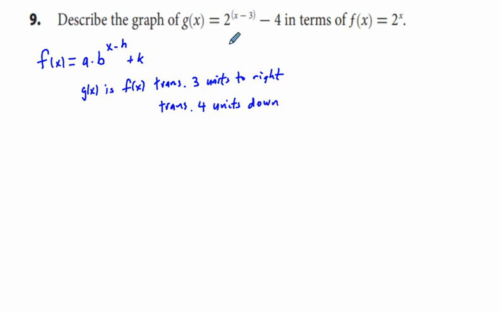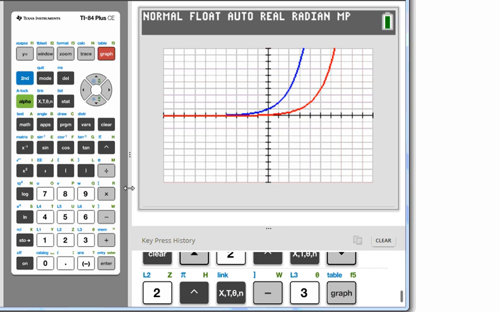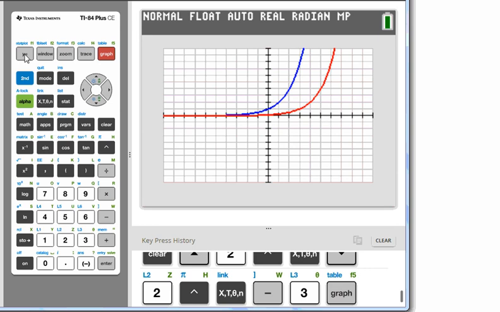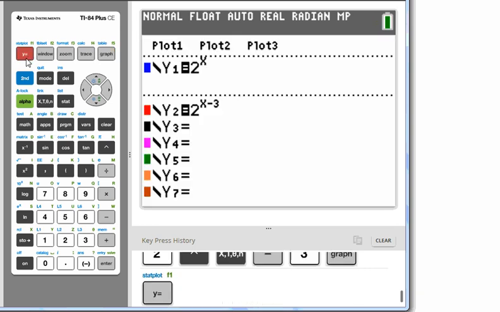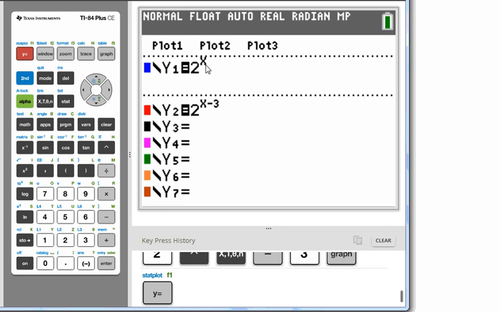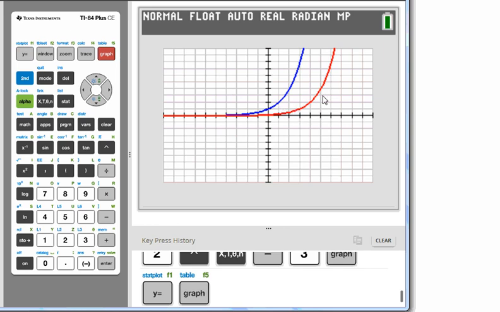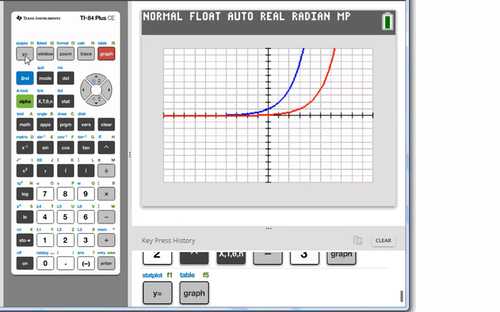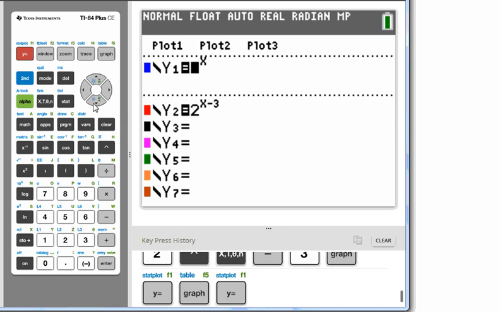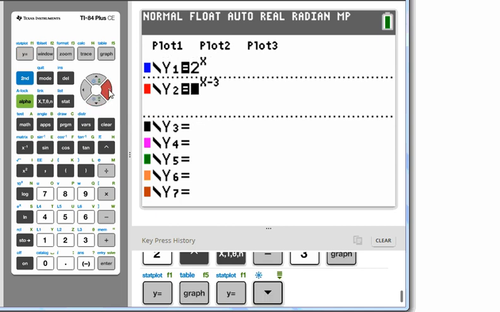So let's go ahead and put this in. I want to show you the calculator here quickly. So we have 2 to the power of x, which is the blue one. And then we have 2 to the power of x minus 3. Okay. Now there's another part of that function, which was shifted 4 units down.